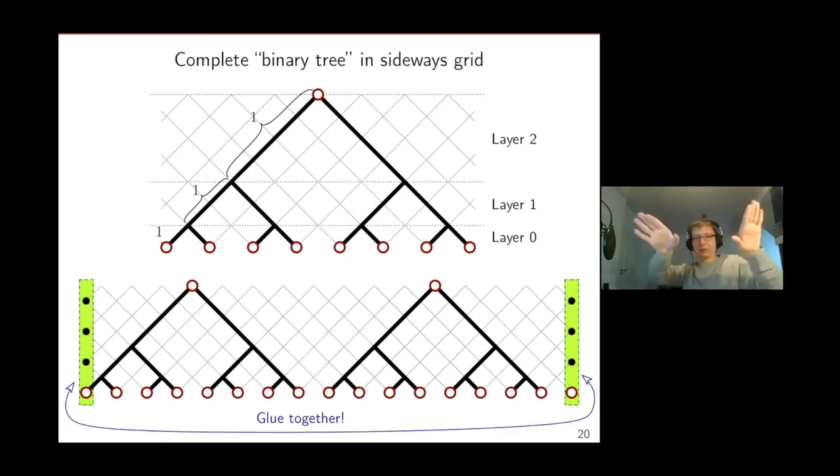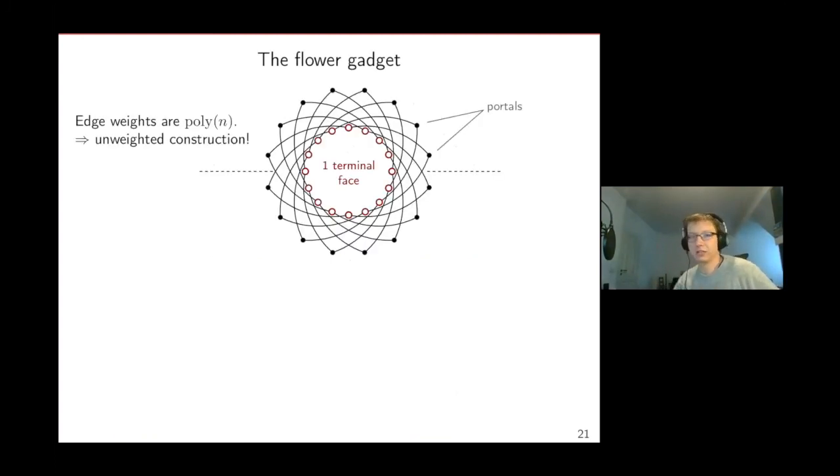Right, so I will glue them this way. And this way you get a gadget called the flower gadget, which is completely symmetric. And all the terminals will be in the middle on one face. And what used to be the top vertices, I will call them portals.